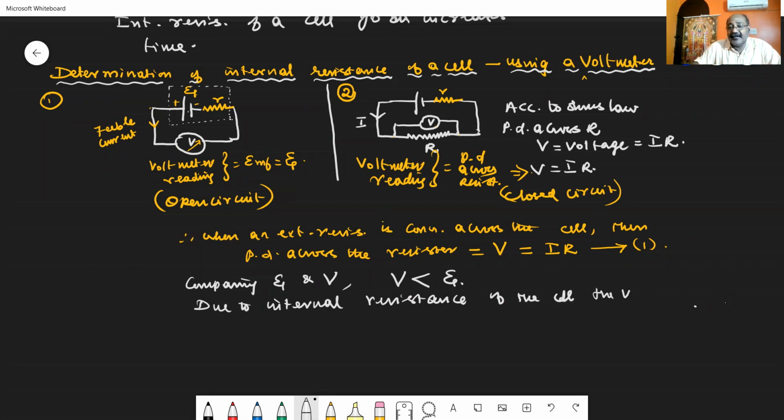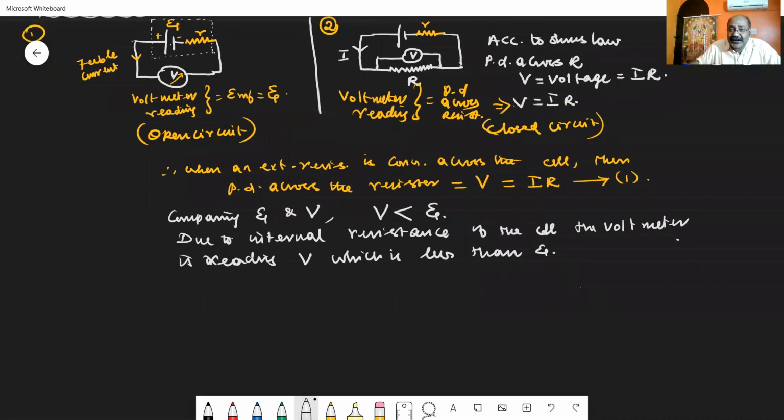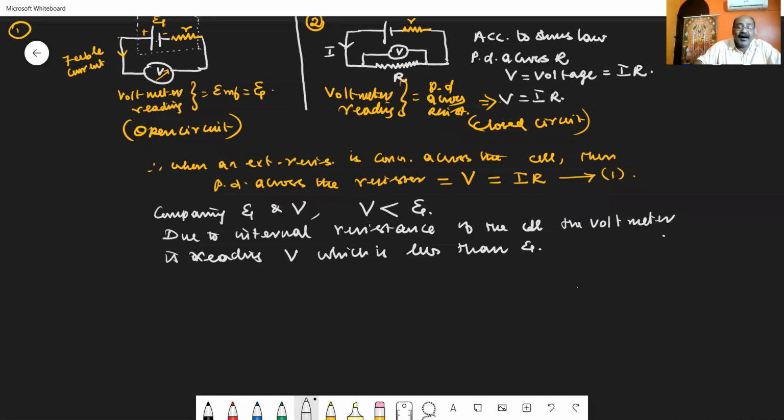The voltmeter is reading V, which is less than the EMF. But due to internal resistance, some potential difference is lost. We could write V equal to I into capital R, but some potential difference is not available.